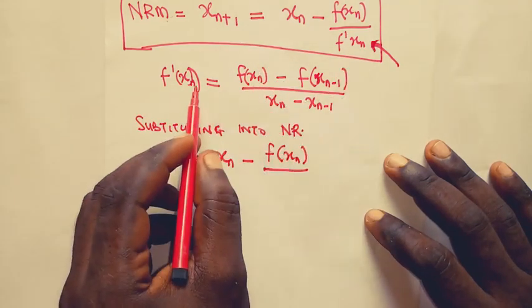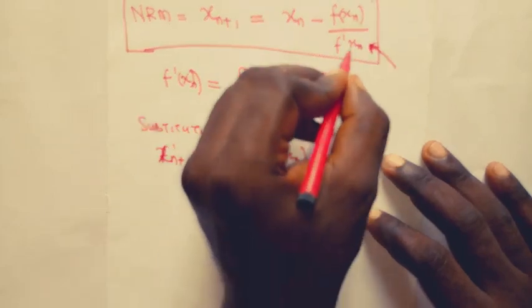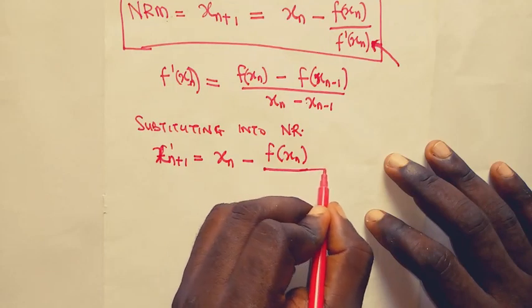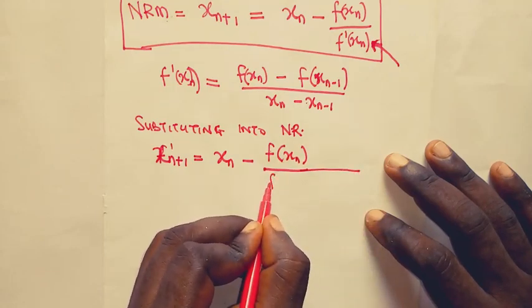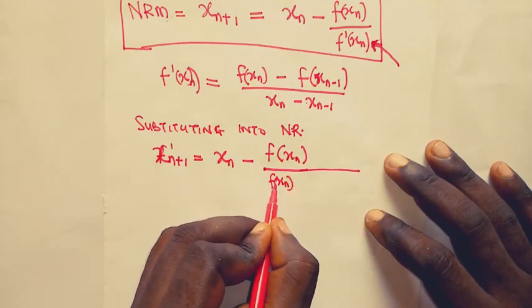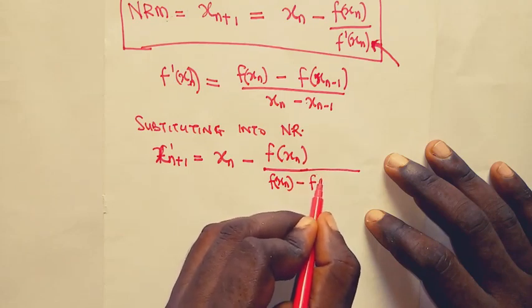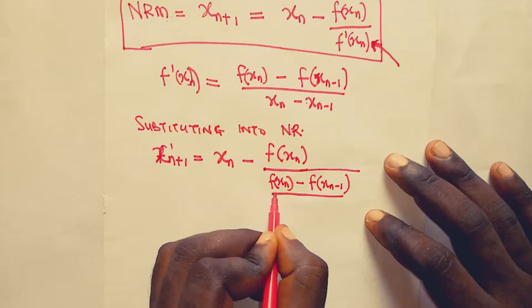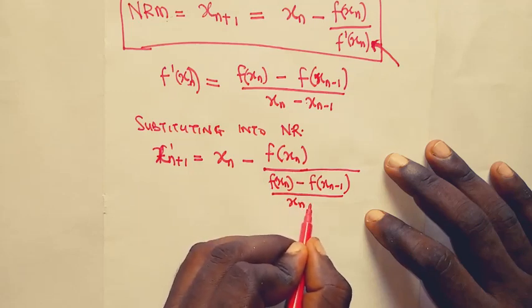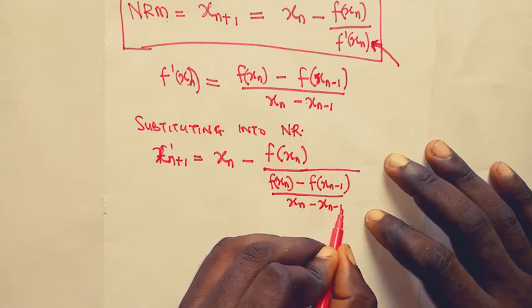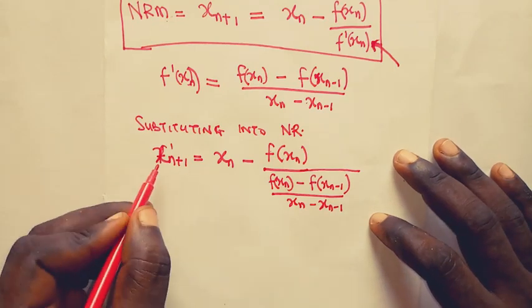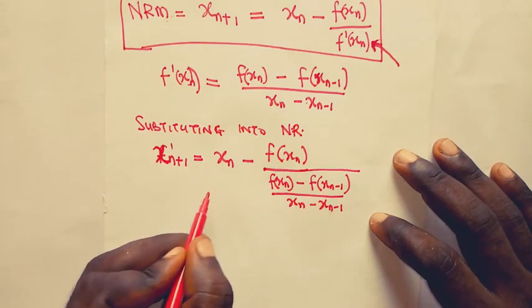Remember, we have replaced f prime with this, so there should be brackets, and this is going to be equal to f of x_n minus f of x_{n-1} divided by x_n minus x_{n-1}, and that's what we're going to have for the new Newton-Raphson's formula.